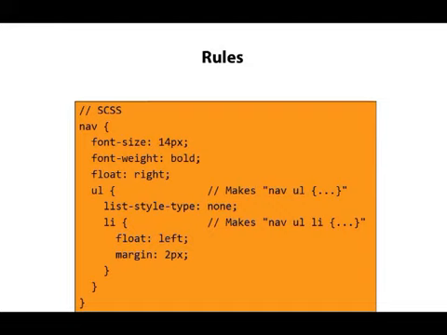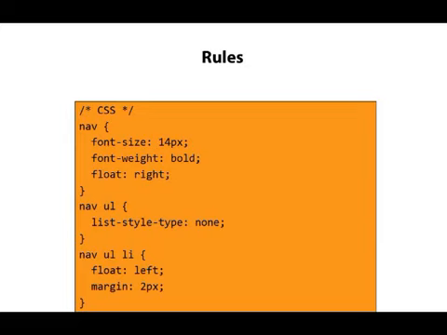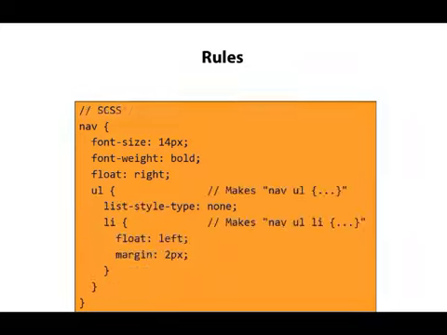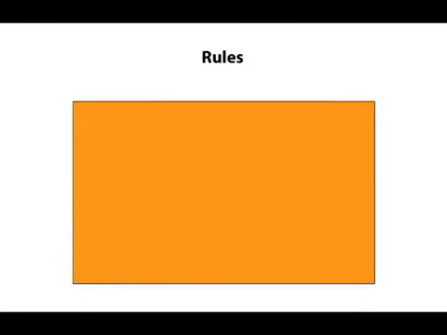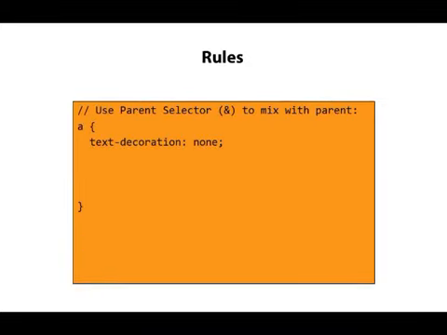Because they really are related to each other, this makes it a little easier for us to see this. So that nav still has its natural properties, and then the unordered list has its property, and then within the unordered list is that list item that has its properties. It's going to change this to this as it compiles the SASS into a CSS file. That's the nature of the way nested rules are supposed to work.